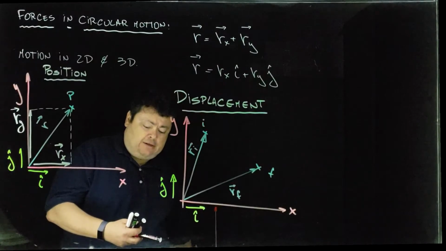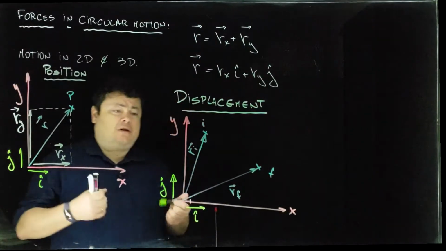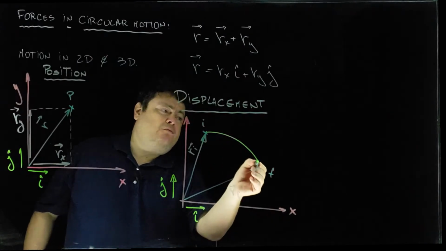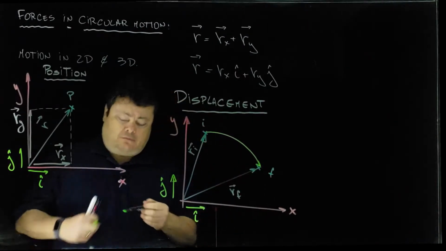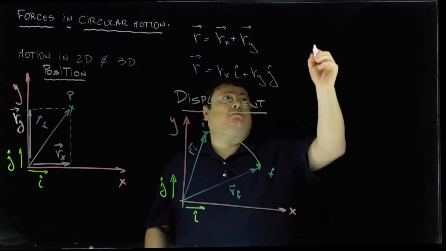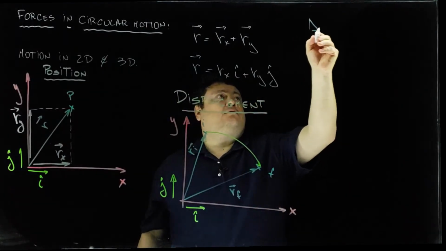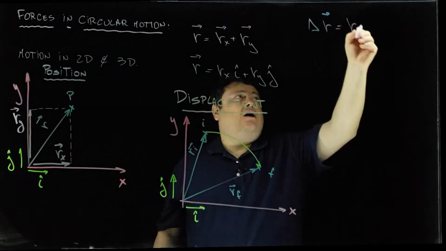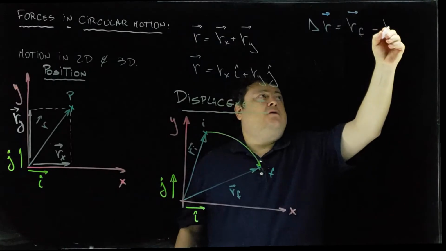And as it does that, it follows a path that in a more generic way could be seen as, for example, a curve like this. Well, the vector displacement, delta R, is going to be, by definition, Rf minus Ri.